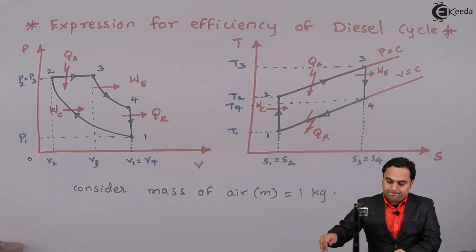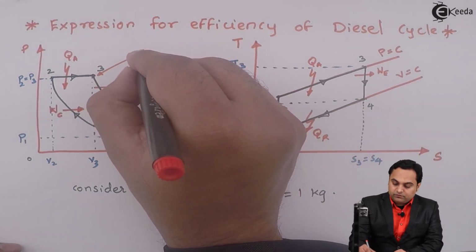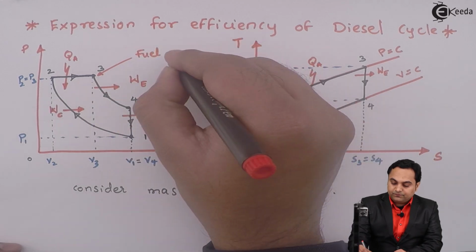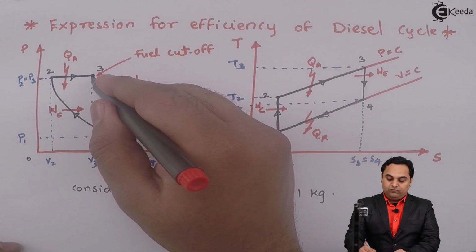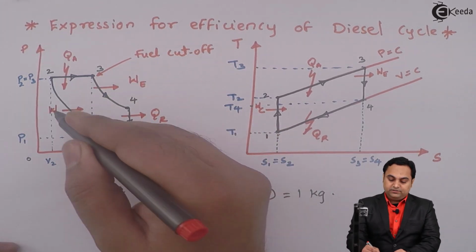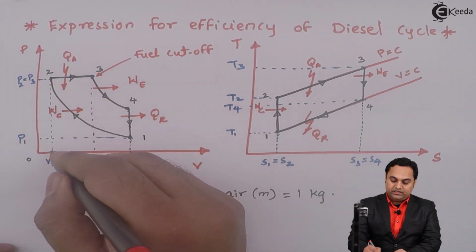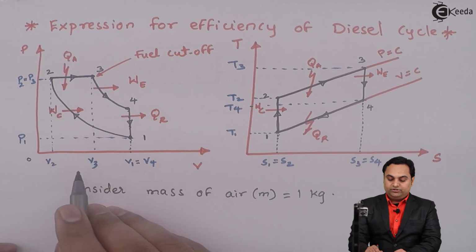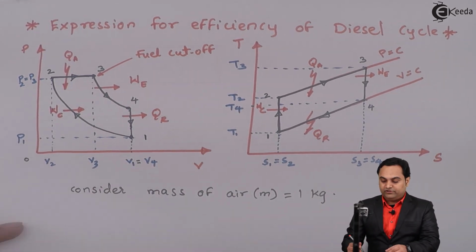The volume at fuel cutoff and the volume where the fuel spraying, or fuel addition, starts, this ratio V3 by V2 is called the fuel cutoff ratio.